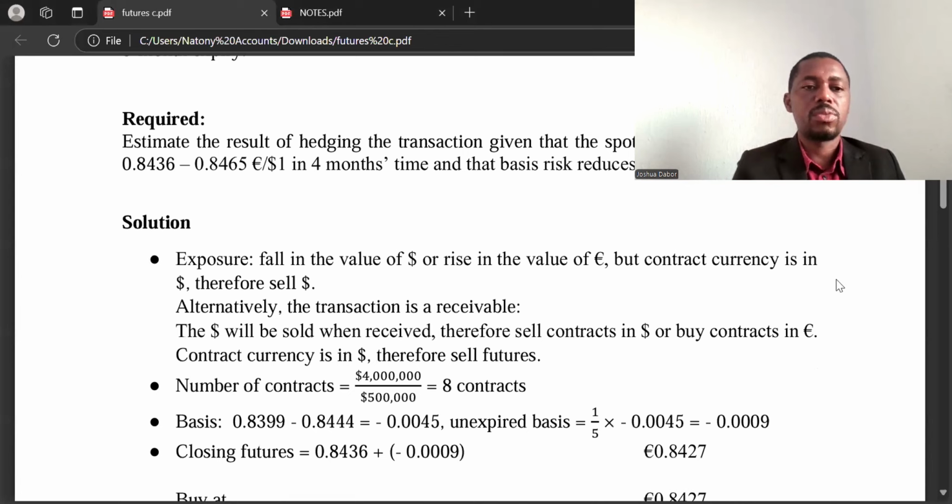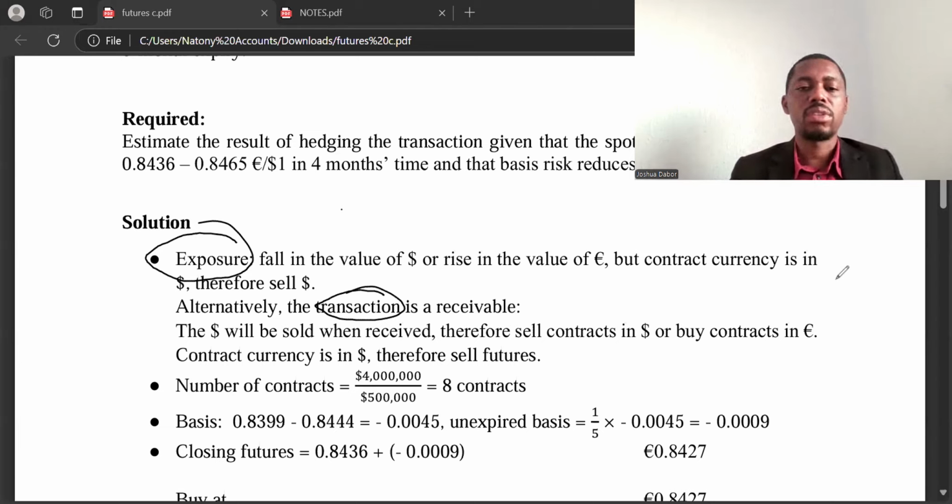So the first is what's your decision. The first thing you want to look at is what is the decision. So you can use either the exposure or you can use what? The transaction to determine what? The exposure or to make your decision.